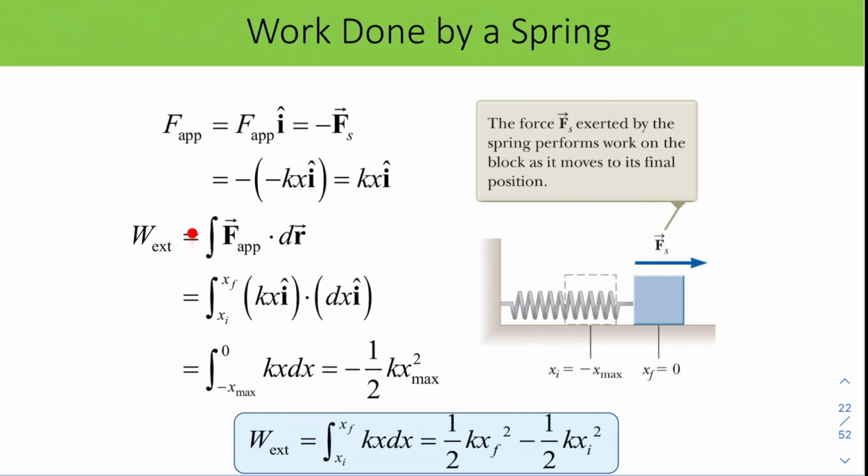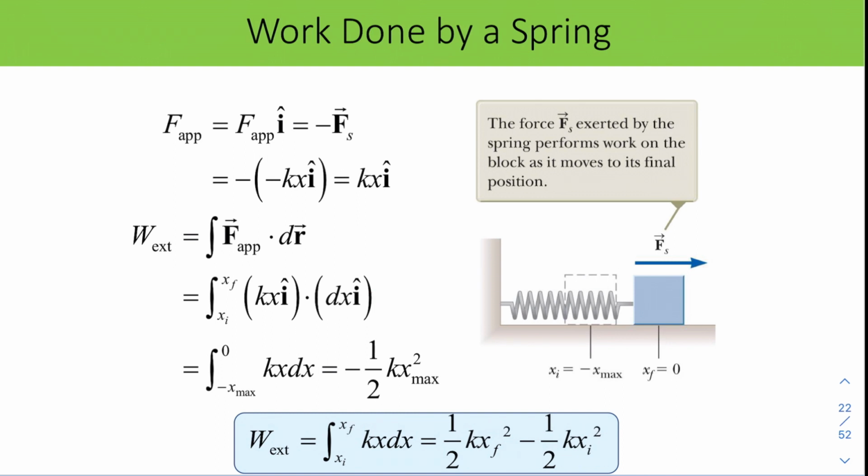So work done by external forces, or external agent, on the block must be the integral of F applied with respect to the position vector dr, from the initial up to the final point. So F applied here is equivalent to positive kx dot dx i.